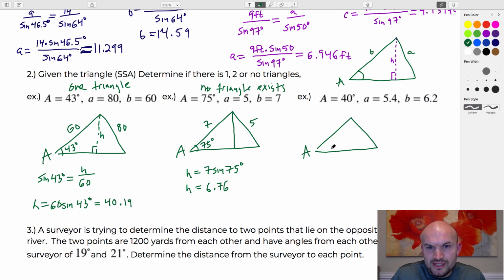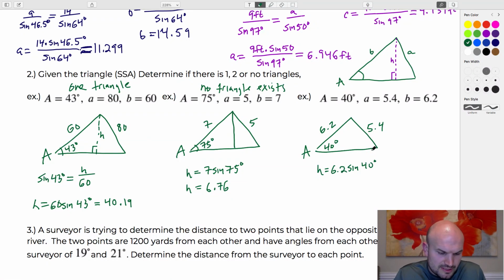All right, so this would be A is 40 degrees. This is 5.4. This is 6.2. So again, my height is going to be the near side times the sine of the angle. So that's going to be 6.2 times the sine of 40 degrees.